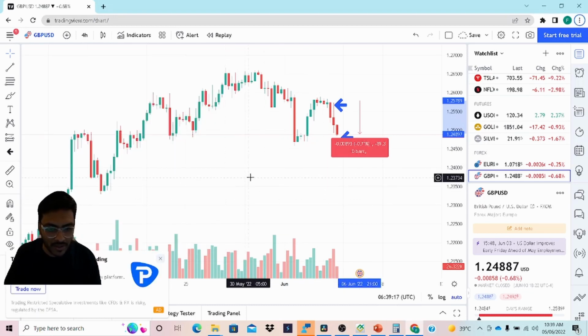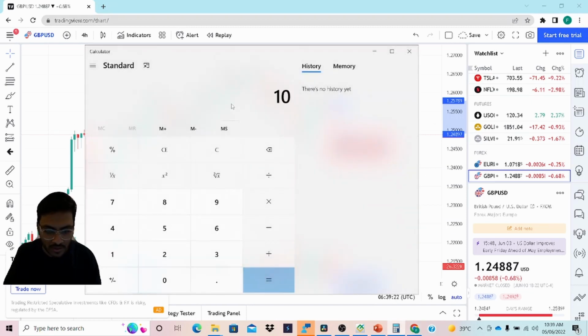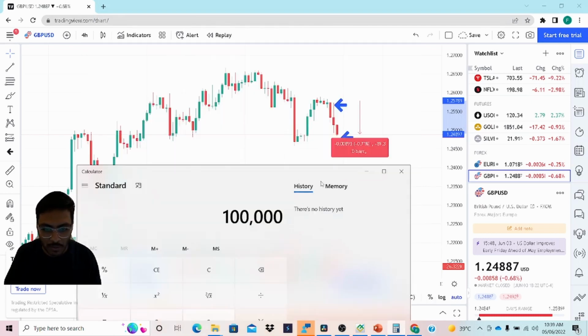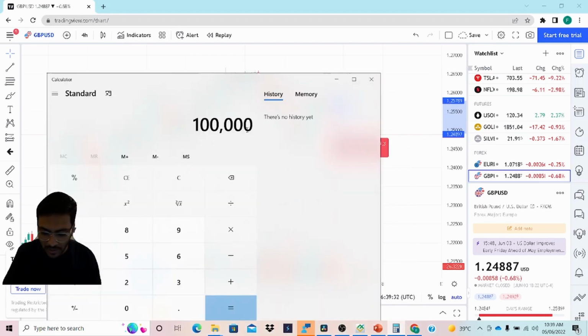Okay, let's talk about leverage now. So you sold how many GBP? That is 100,000 or 1 lakh. And what is the exchange rate? So 1 GBP is equal to 1.25789. So multiply by 1.25789.